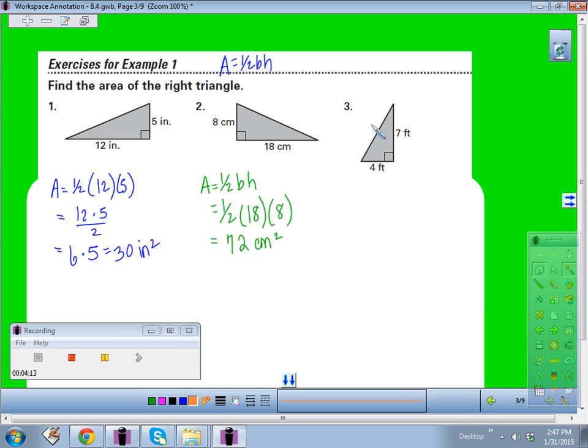And lastly, number 3. Area is base times height divided by 2, or 1/2 base times height. I'll use the other formula so you can see how it looks. Base times height, 4 times 7, but then we have to divide it by 2. So 4 times 7 will give me 28. 28 divided by 2 will give me 14 square feet.